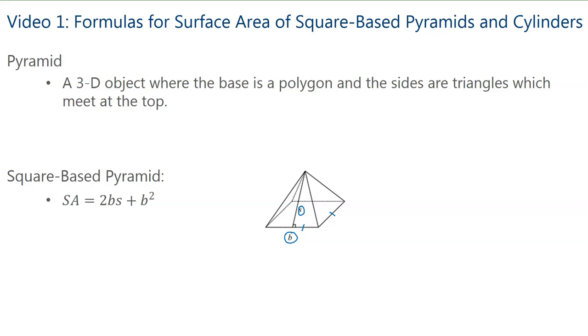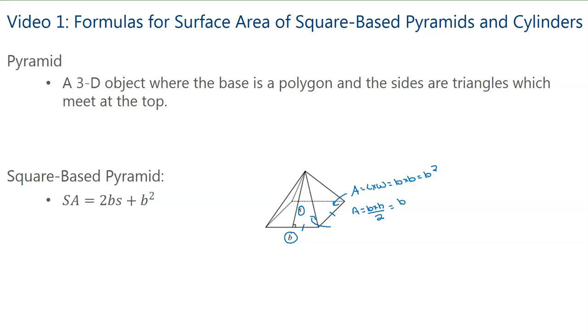Well, this is made up of a square in the bottom, and we know the area of a square is length times width. So in this case it would be b times b, which is b squared. Now for the triangles on the side, we know that the formula for a triangle is base times height divided by 2.